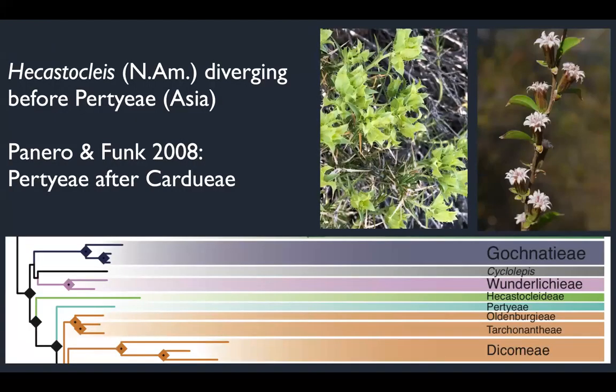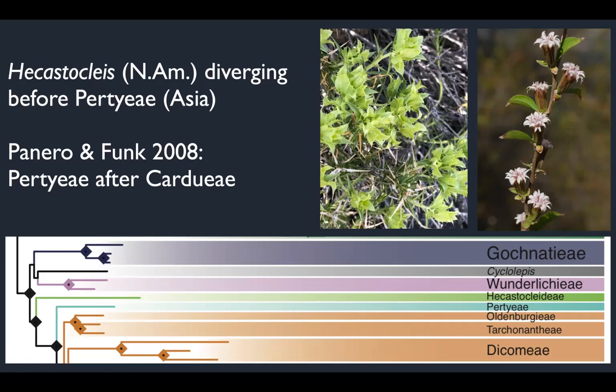All right, so I'll just give you a few details into that big tree, some of the surprising relationships. One of them was that the North American monotypic subfamily, Hecastocleidoideae, or Hecastocleis, diverged before the Asian tribe Pertyeae.